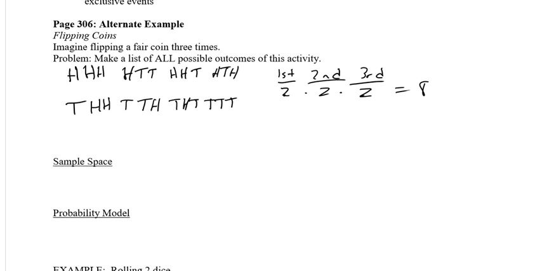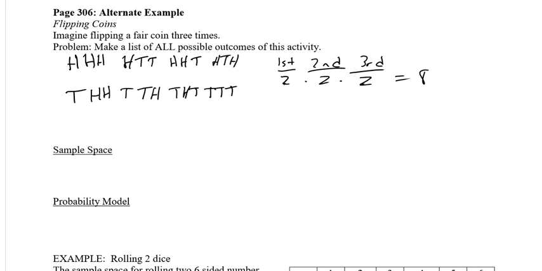Okay, sample space. Sample space is just what you just did. It's a list of all possible outcomes. Alright.